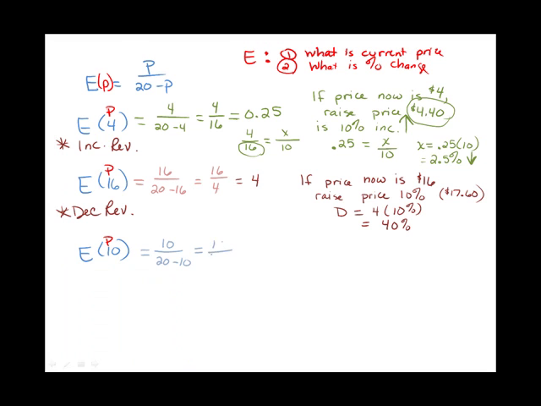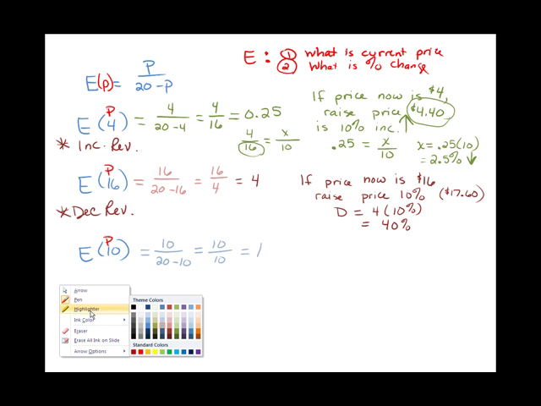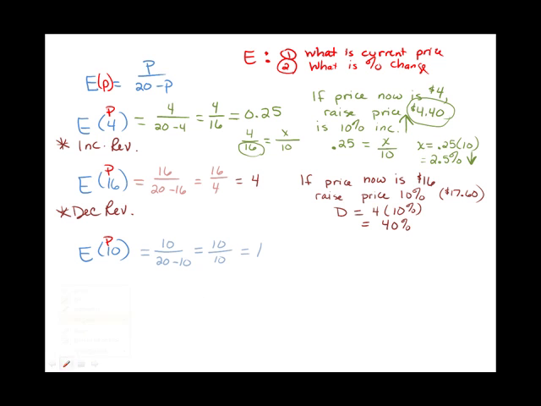And then the last one, E of 10, when I plug in 10, I get 10 over 10, or 1. So this is what is called unit elasticity, meaning that for each 10% increase, I'm going to see a 10% decrease. So there's the same amount of change in demand as there is in price.